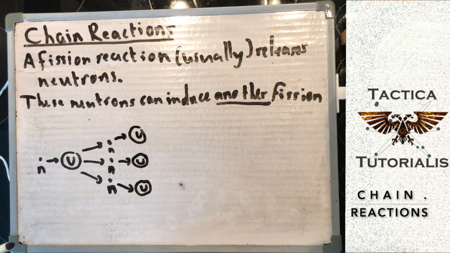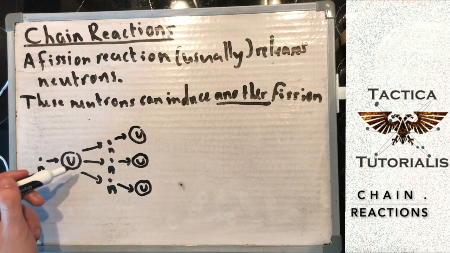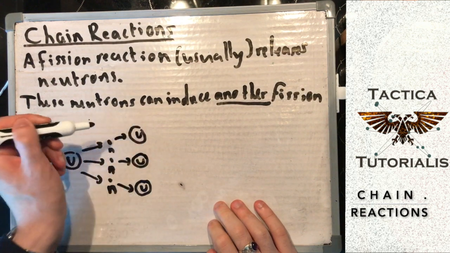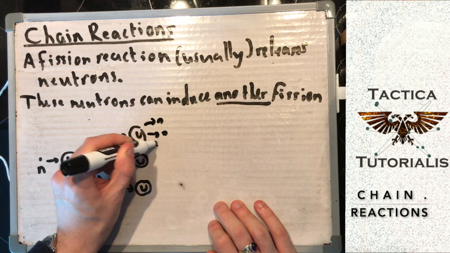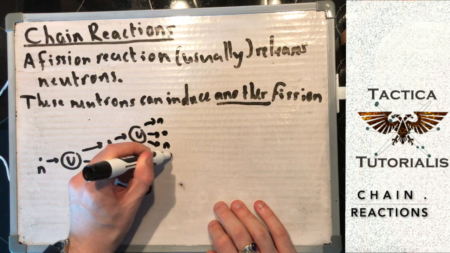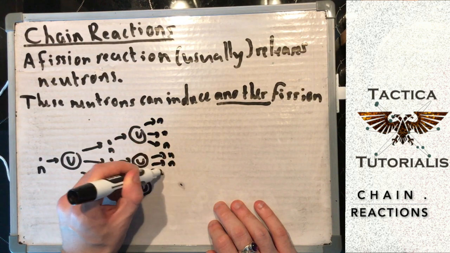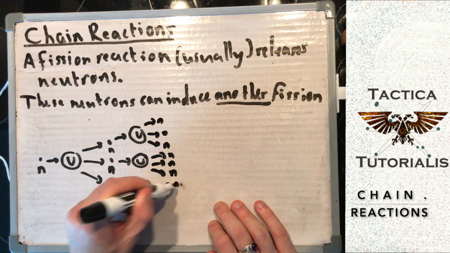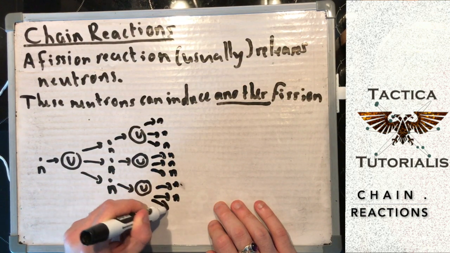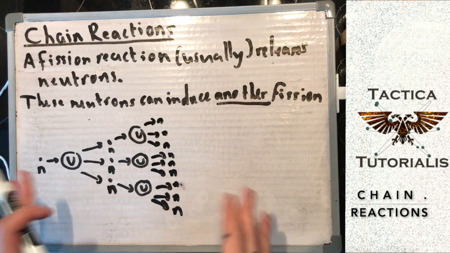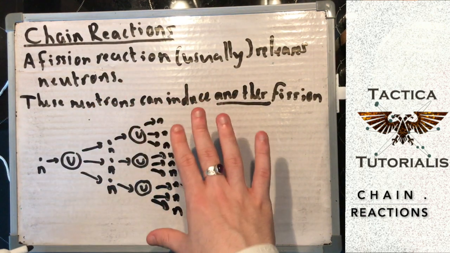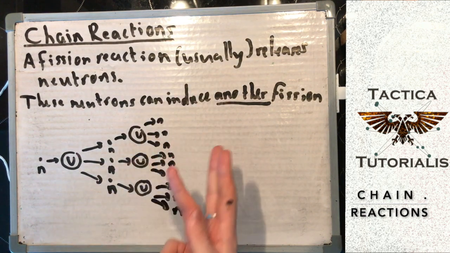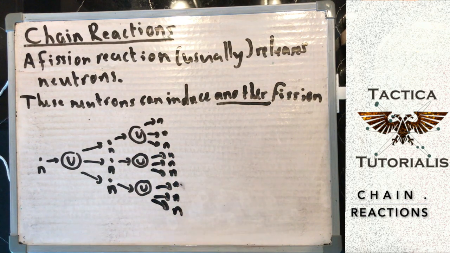Do you see the problem? So this is called a chain reaction because each of these is going to release 3 more neutrons. Do we see the problem yet? Because each of these neutrons is going to bang into another uranium nucleus and release 3 more neutrons. This is a chain reaction.